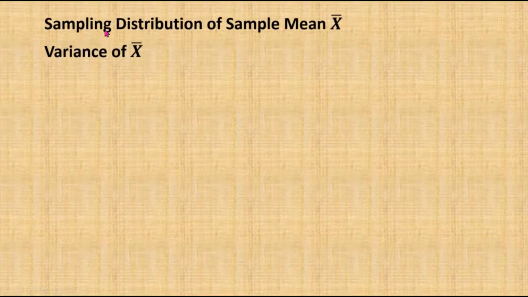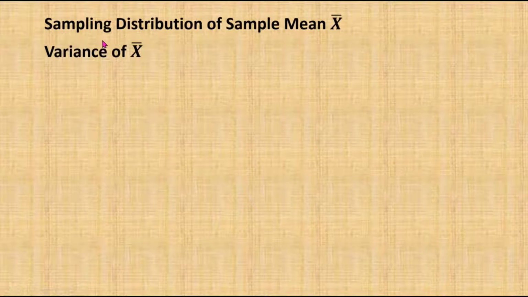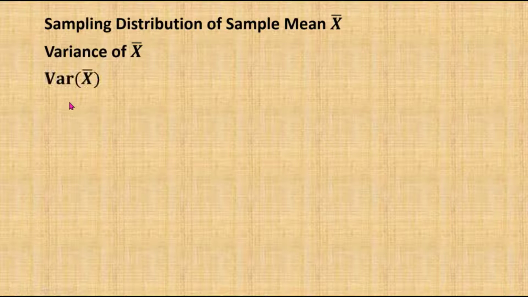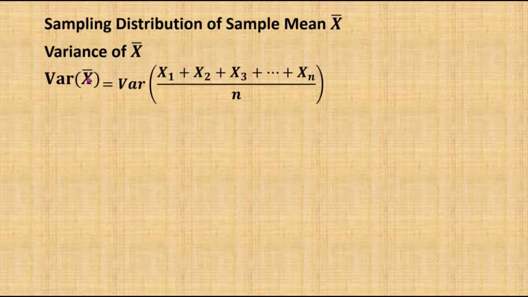Next, I'm going to find the variance of this distribution, which is the variance of the sample mean. The variance of the sample mean is denoted as Var(x-bar). So now I substitute x-bar, the sample mean, which is the sum of the observations divided by the sample size.